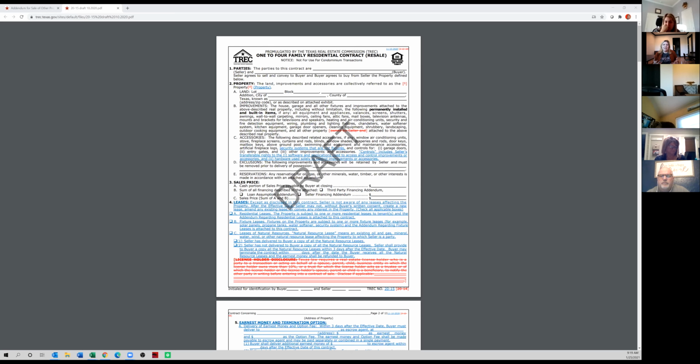But it really is not good to put anything that is personal property in there, or something that is dealt with in another form, which, what's our big thing on that? Minerals. Okay. Yes. Don't ever put minerals in paragraph D. They tried to make it very clear there and say in paragraph E, a whole line just to say, please don't put minerals in D, because reservations for oil, gas, and other minerals, water, timber, or other interests are made in accordance with another attached addendum, not here.